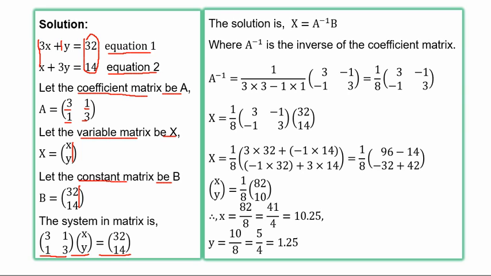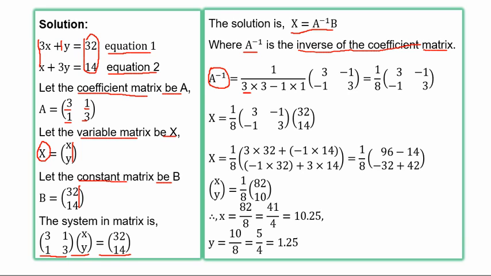If we are to use the inverse method, remember we are looking for this matrix, and the solution is matrix S equals the inverse of matrix A times B. So A to the power of minus 1 is the inverse of the coefficient matrix. So first we have to get the inverse, and the inverse is 1 over the determinant.